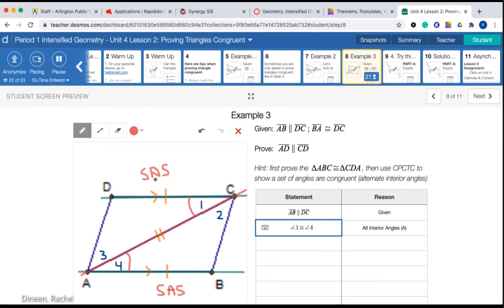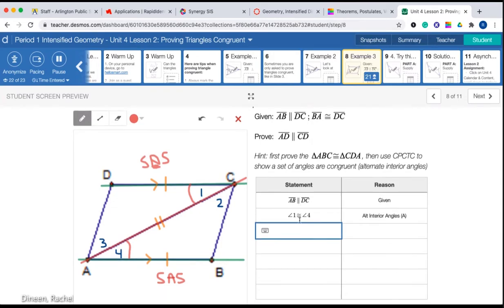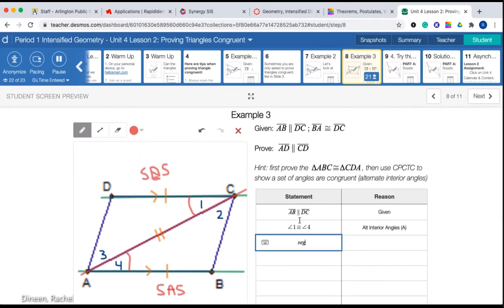All right, so alternate interior angles. There's my A right there. All right. What else can I write down? I need to show my two sides now. You could say that CA is equal to CA because of the reflexive property. All right. Yep. So you can just write segment CA if you don't want to worry about copying the symbols or anything.